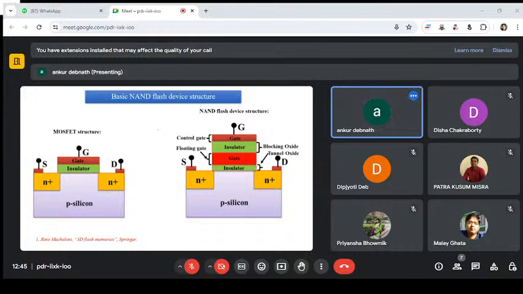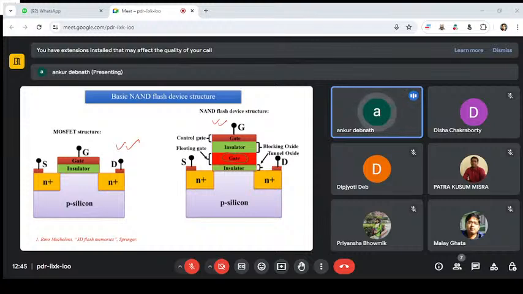So if you compare the MOSFET structure and this NAND flash device structure, you can see there is another gate here, in between, and there is another insulator.